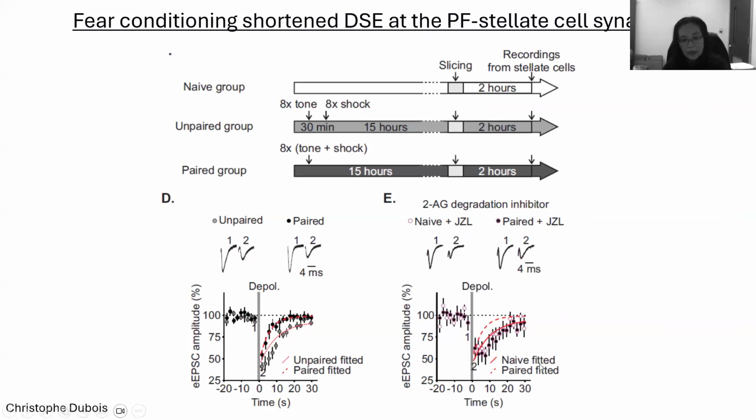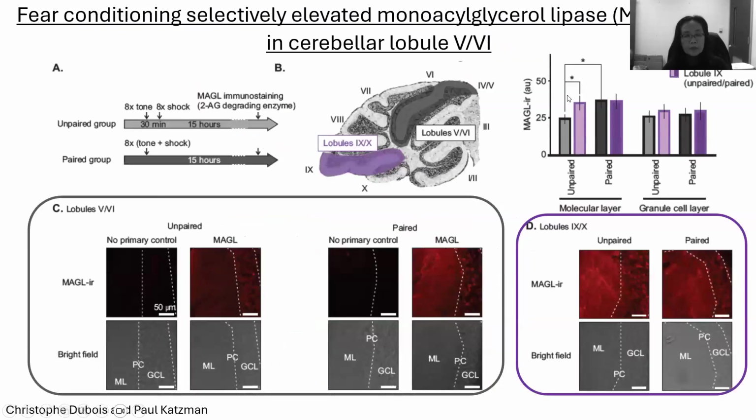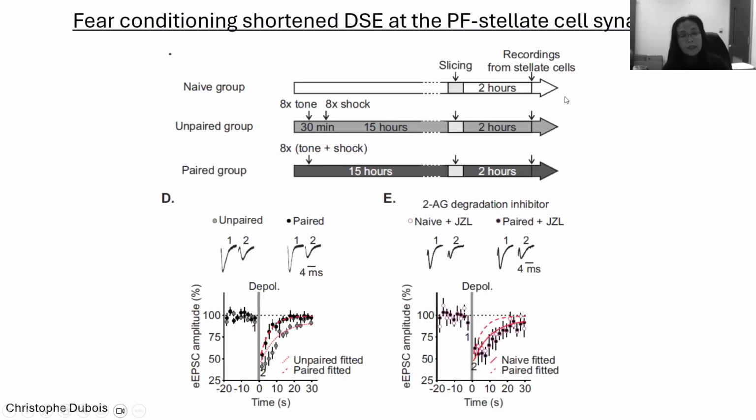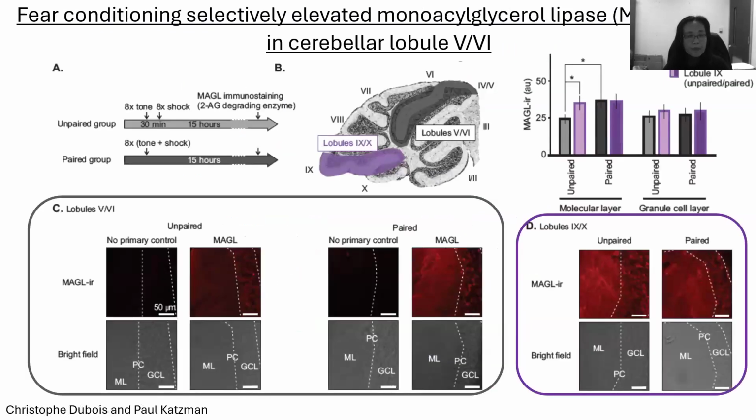In this case, you will see that the naive animal and the unpaired and paired animals actually have a similar time course. They both are very slow now. So we think that fear conditioning here really shortens the DSE, and therefore it accelerates the degradation of endocannabinoid.